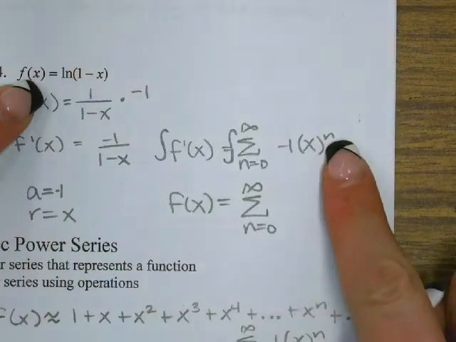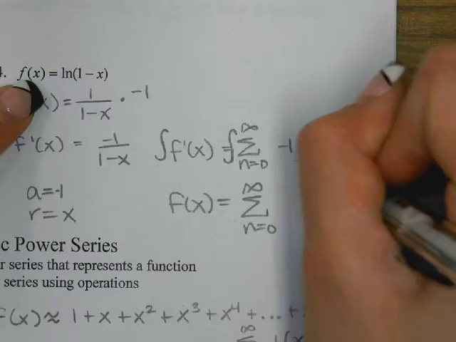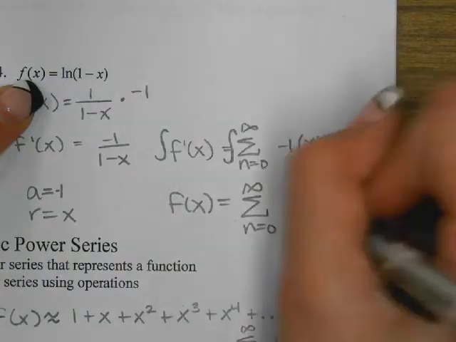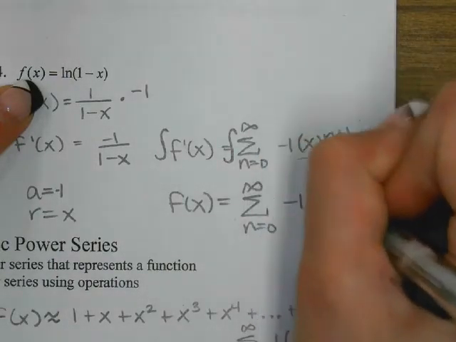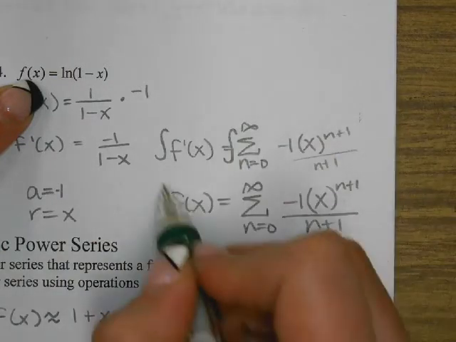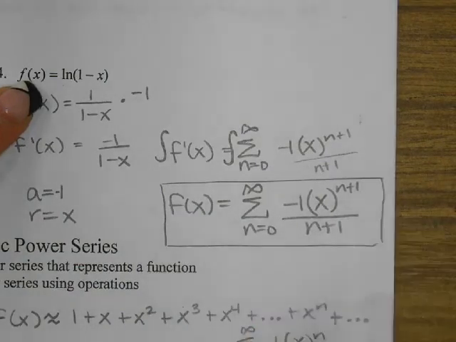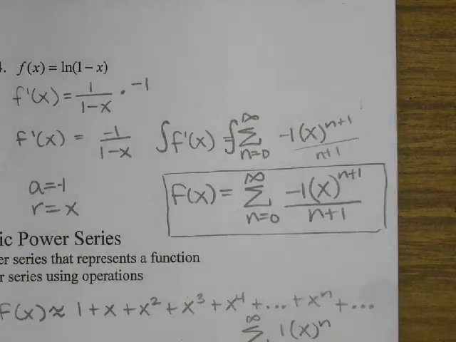To integrate, we add 1 to that exponent and divide by that exponent. So I've got -1 times x to the n plus 1, all divided by n plus 1.